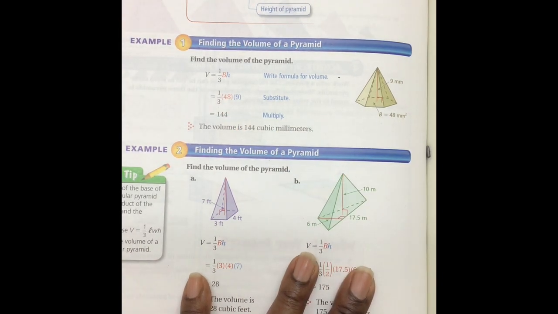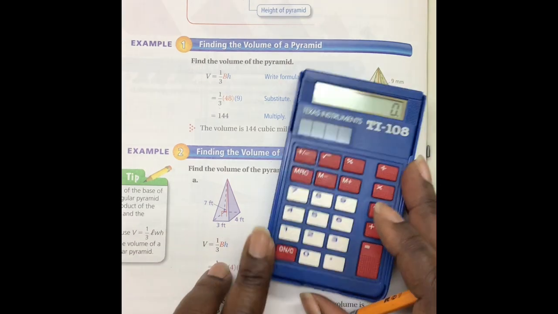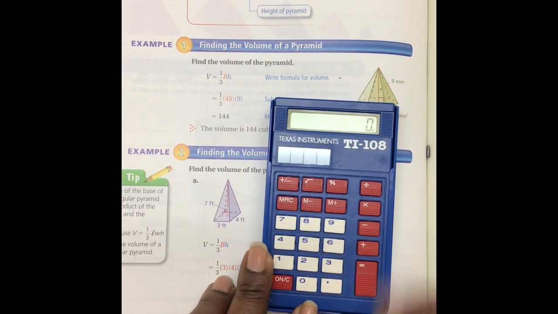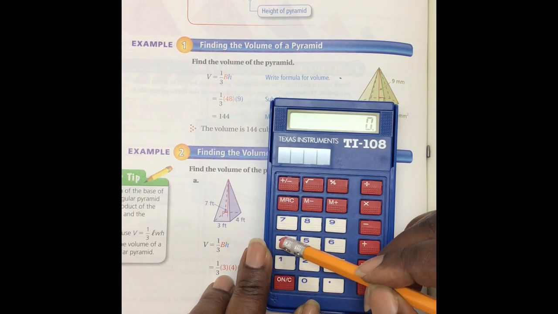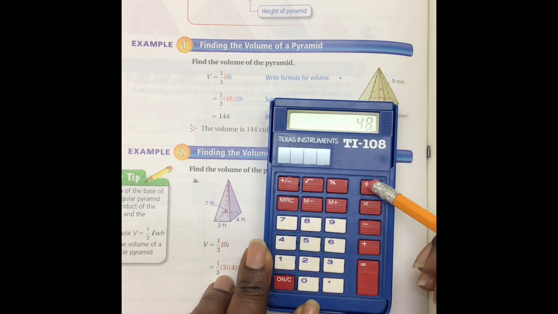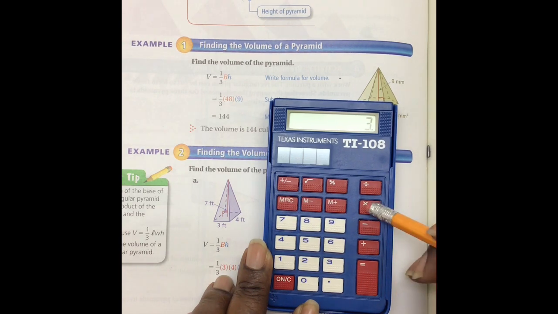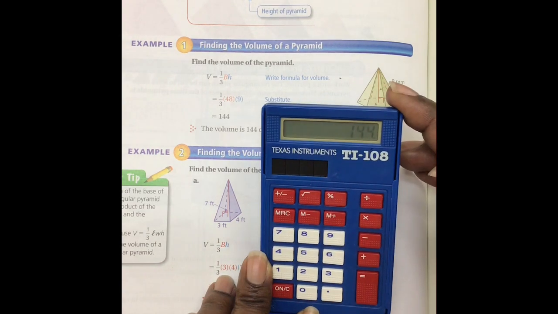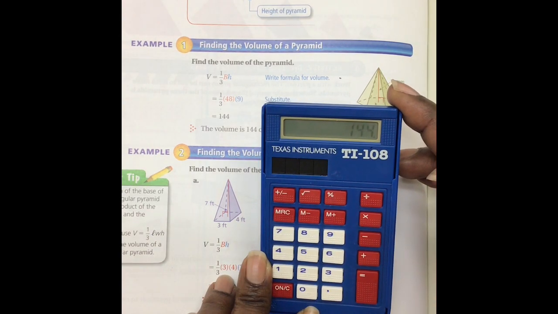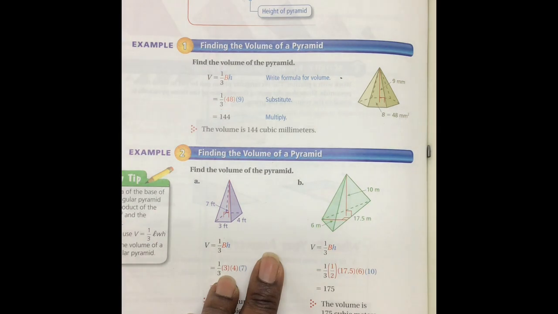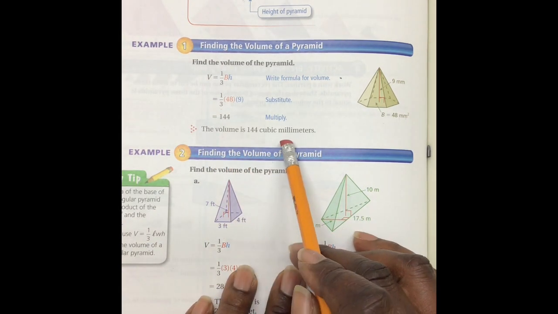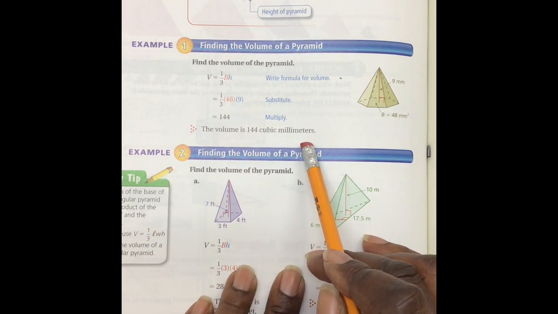Let's verify their figure. Using our calculator, we take 48, take 1/3 of it by dividing it by 3, and then multiply that times 9, and we get 144. So that will give us a volume of 144 cubic millimeters.